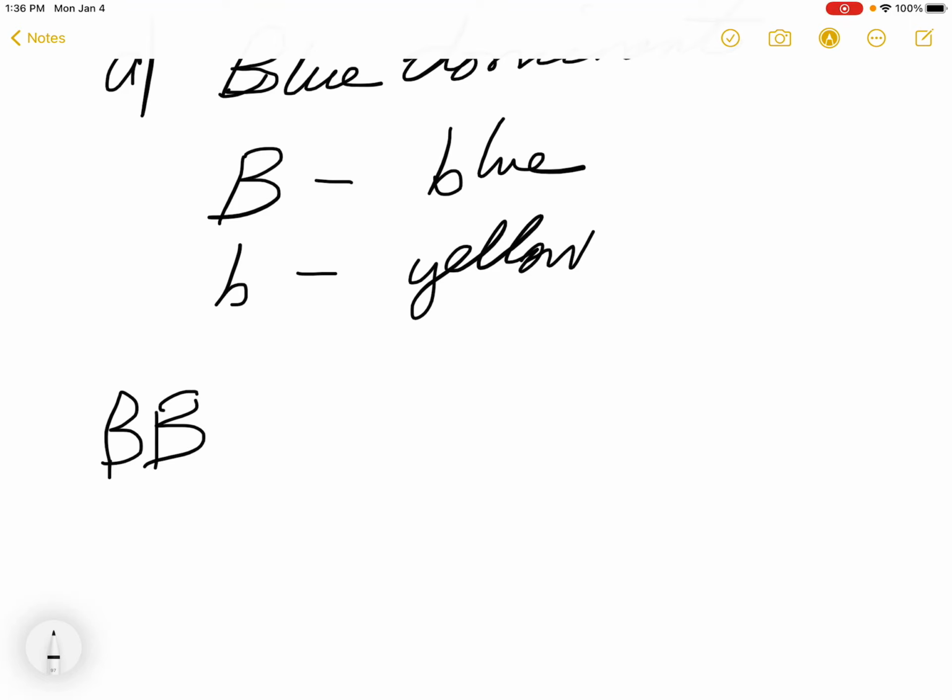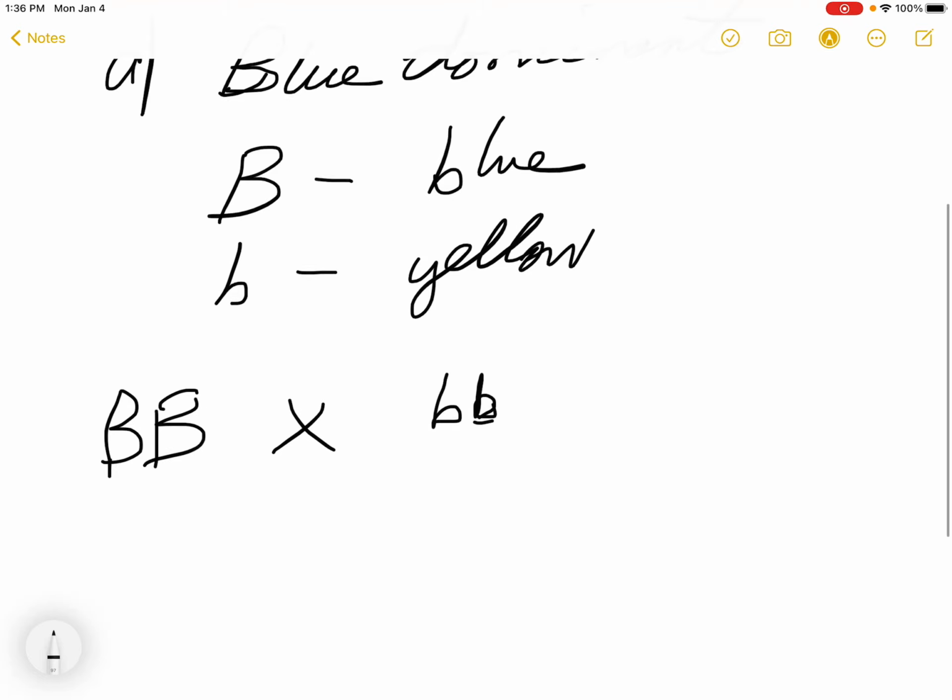So that's our one pair. And then a true breeding yellow would mean it's always been yellow, which means it's a homozygous yellow. That is essentially always the case for true breeding.